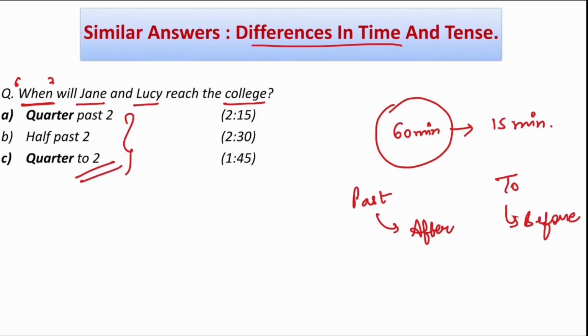So here if it is written quarter past 2, that means quarter after 2, that means 2:15. Half past 2 simply means 2:30, and quarter to 2 means we are approaching the time, 2 o'clock, that means before. 1:45 is the answer. So here you need to be well aware of the time to mark the answer correctly.